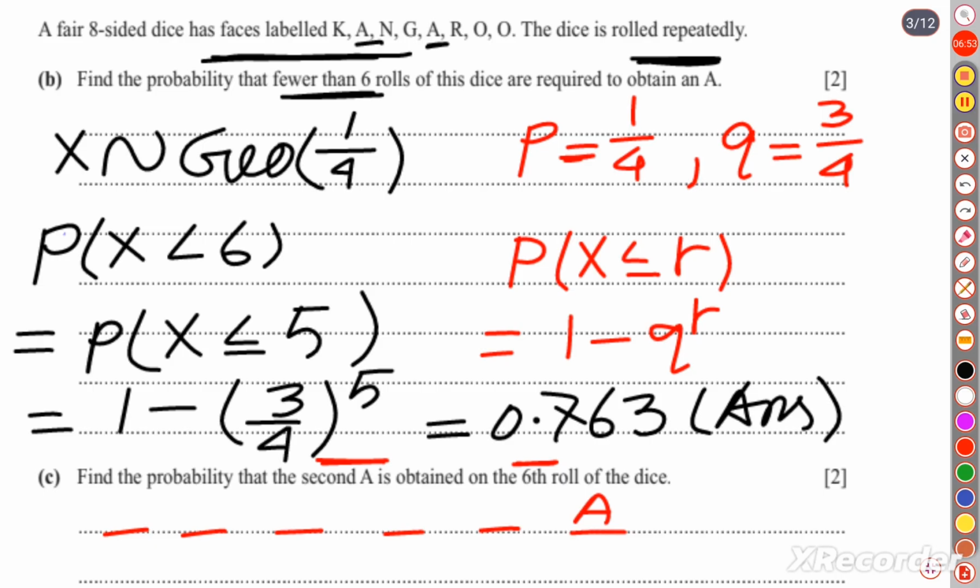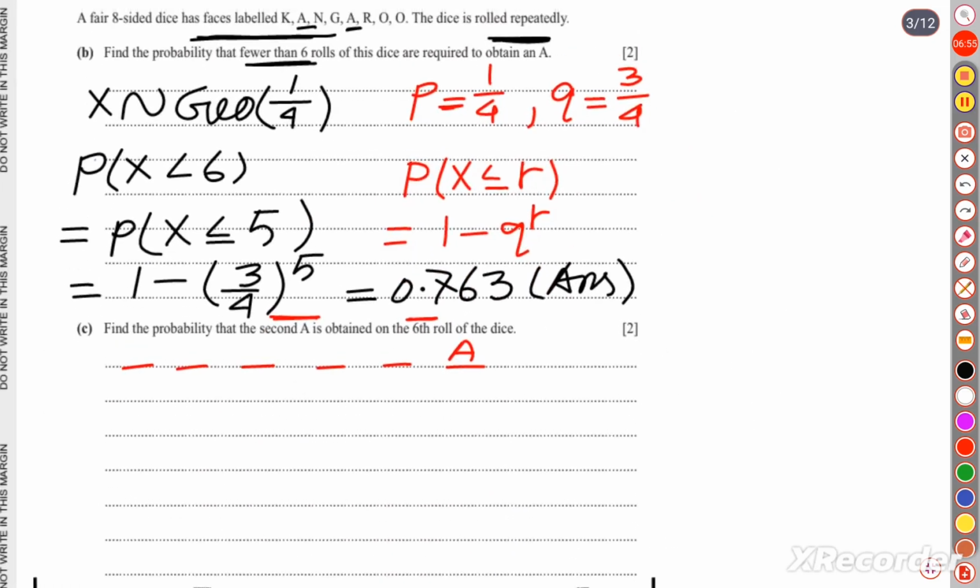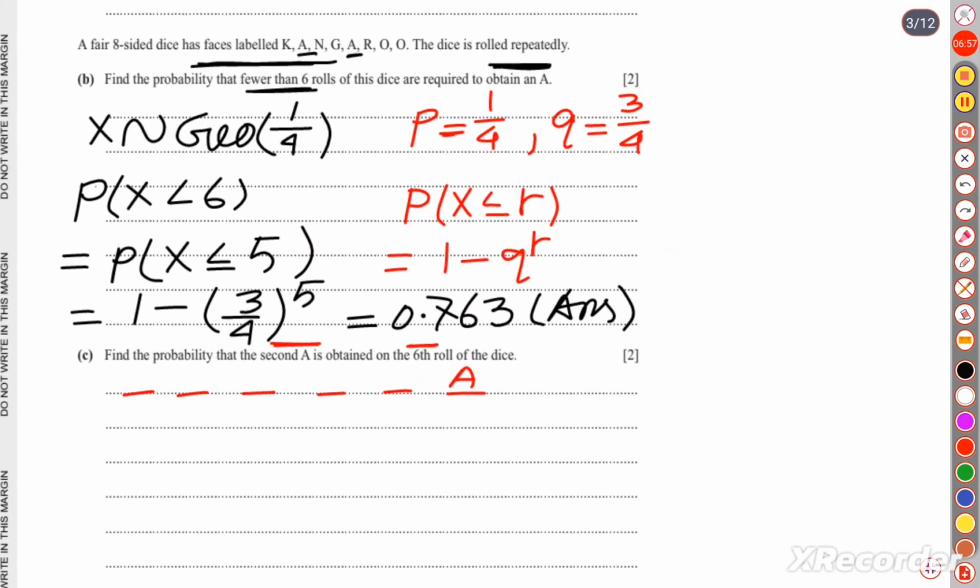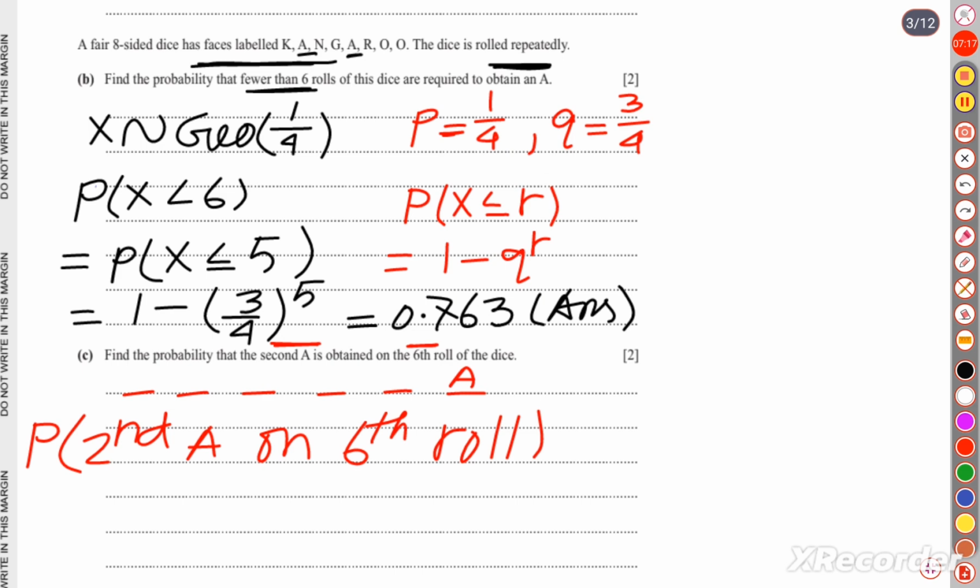So let us write here: probability of second A on the sixth roll, or turn, is equal to, so on the sixth trial we got success, and the probability of success is 1 over 4.